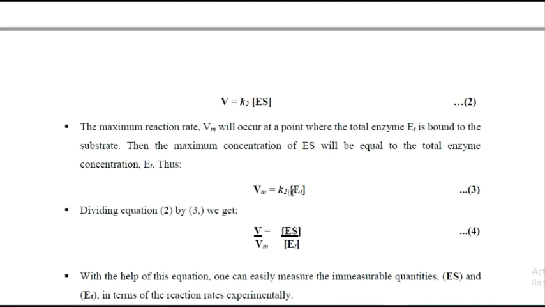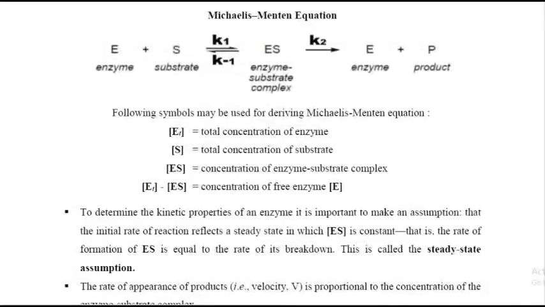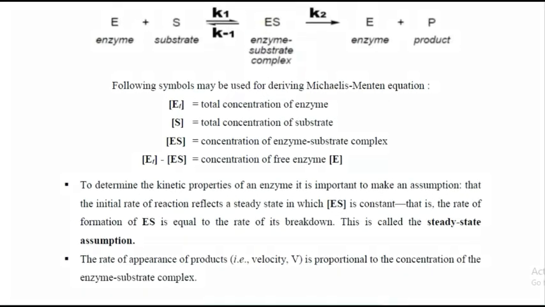And for us to understand this kinetic Michaelis-Menten equation, it is very important to maintain the assumption that there is a steady state, that is, steady formation of enzyme substrate that will eventually lead to product formation. Like I said earlier, without the formation of enzyme substrate complex, your product cannot be formed.